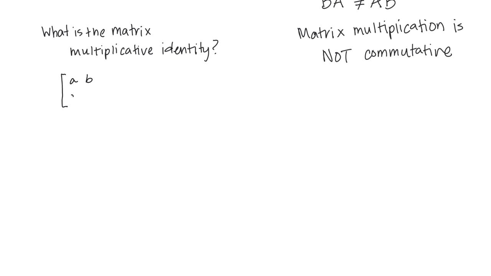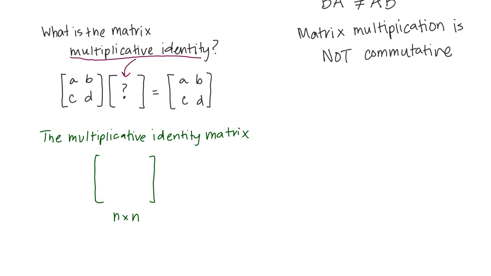The next question I'll ask you is, what is the matrix multiplicative identity? In other words, if I have any matrix, we'll just say A, B, C, D, what matrix can I multiply it by in order to get this matrix back out? In other words, the matrix that doesn't do anything upon multiplication.